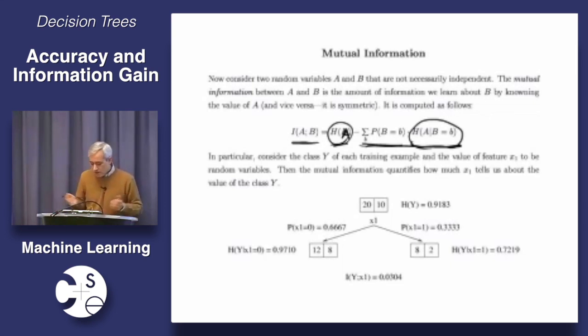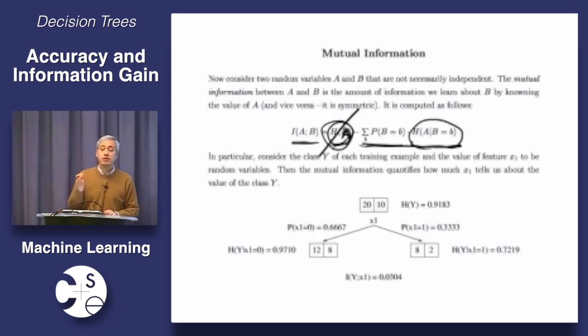Notice that if you didn't want to bother with H of A, you don't have to. Why is that? Even though this is the definition of mutual information, if I just took this out and considered only the entropy of A given B, I would be okay. Yes, since that term is in all of those, it cancels out.